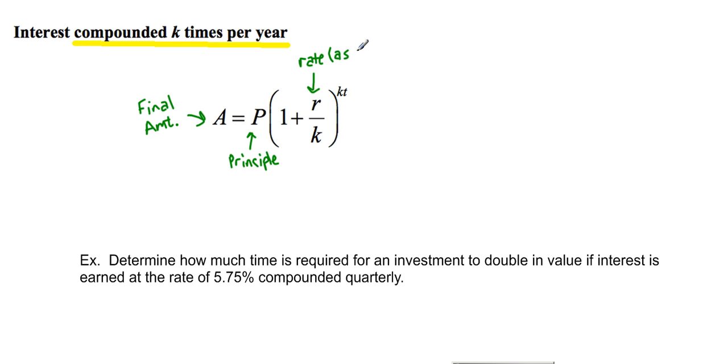So if you're given a percentage rate as a percent, make sure you convert it to a decimal. Make sure you spell decimal right. Decimal, yep. Alright, and our k value, that is the number of times compounded per year.